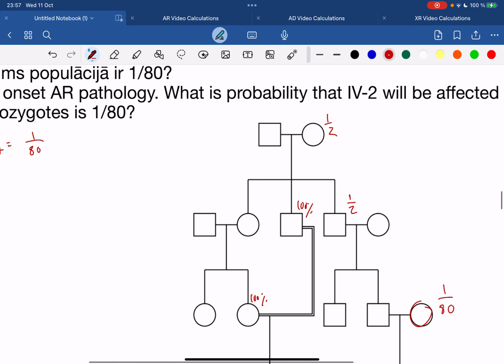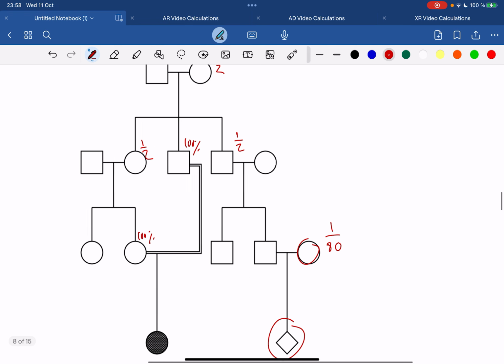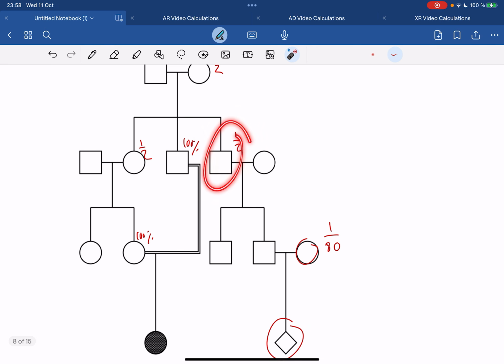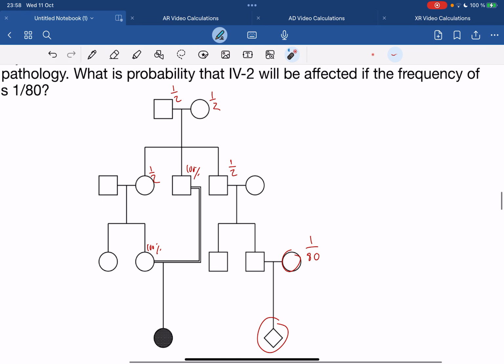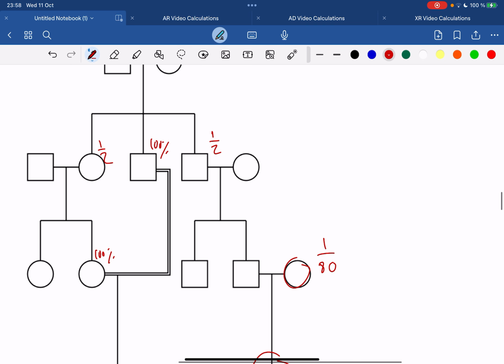So we can just write 1/2 everywhere. But we are actually interested in this person right here, because we need both parents' probability for autosomal recessive, okay? And now we can just take half of him, so it's going to be 1/4. And that is your final calculation.